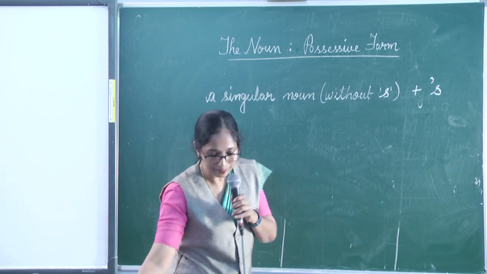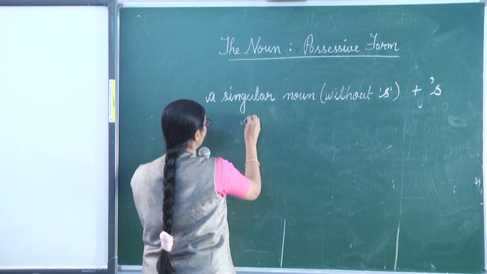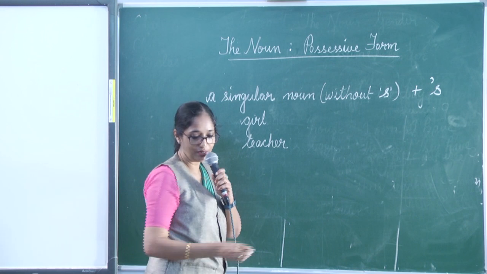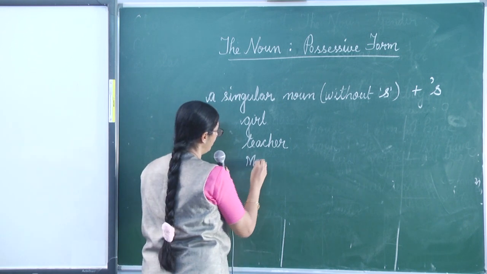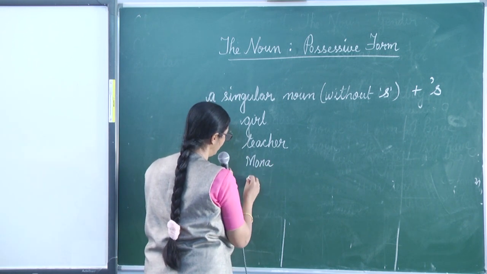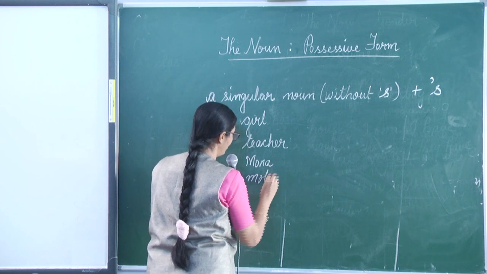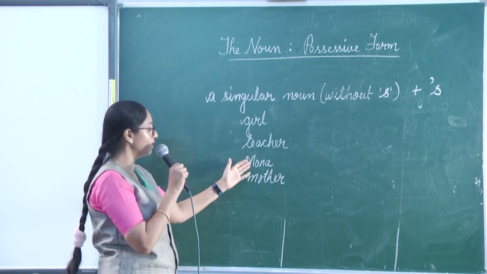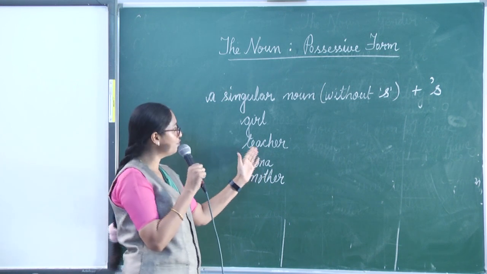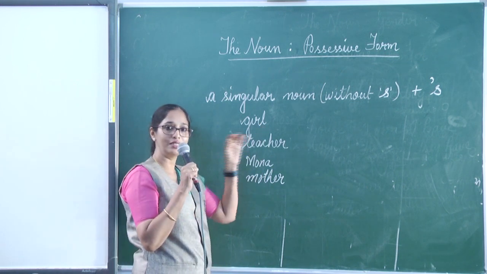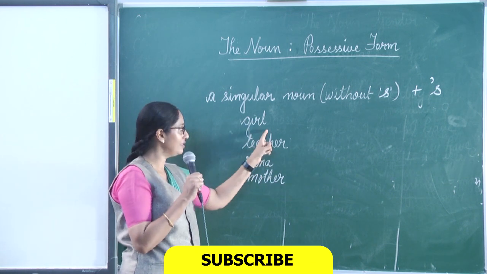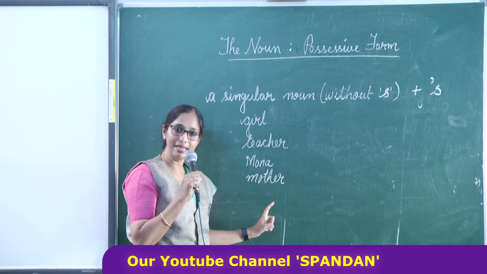For example, girl, teacher, Mona, mother. I have written 3 common nouns here and 1 proper noun. If you want to change these nouns into possessive nouns, look at the nouns, these nouns are not ending in s.